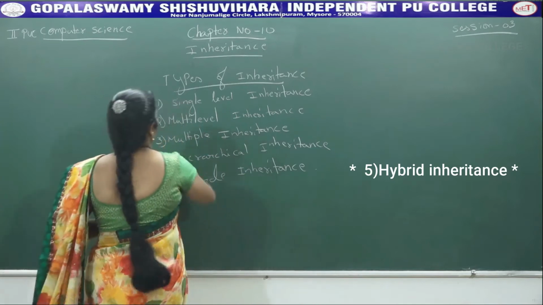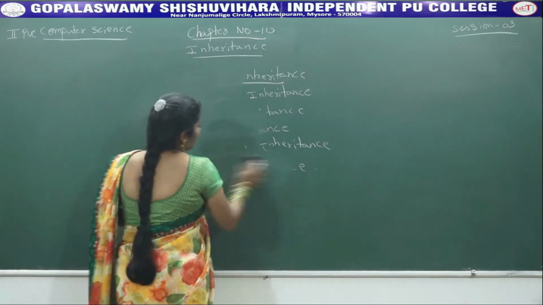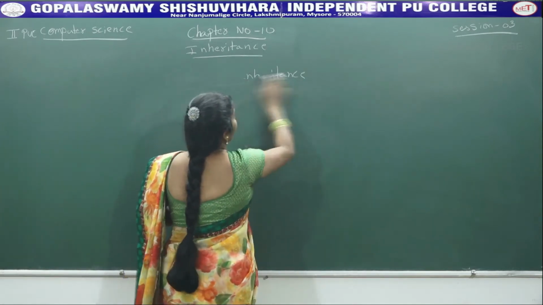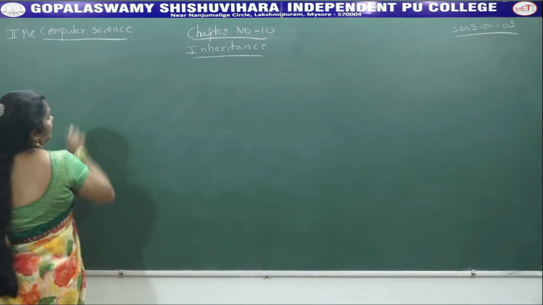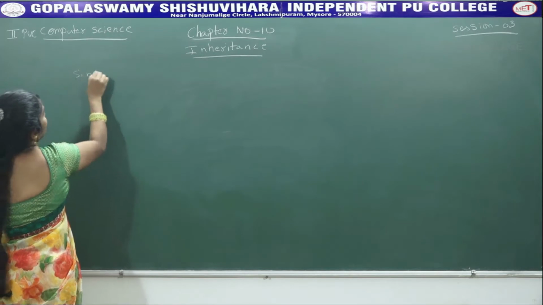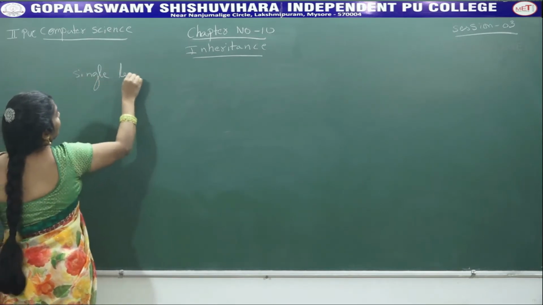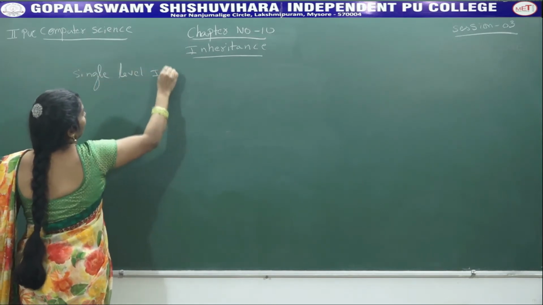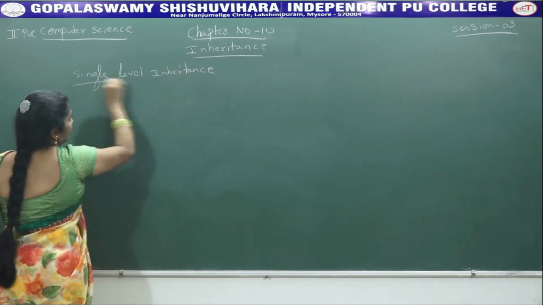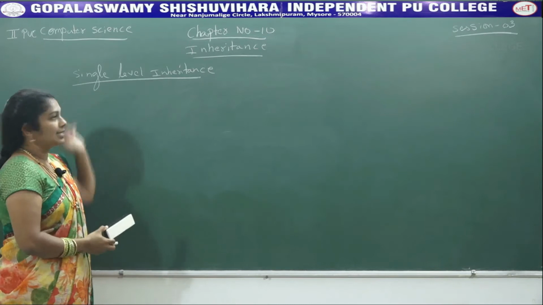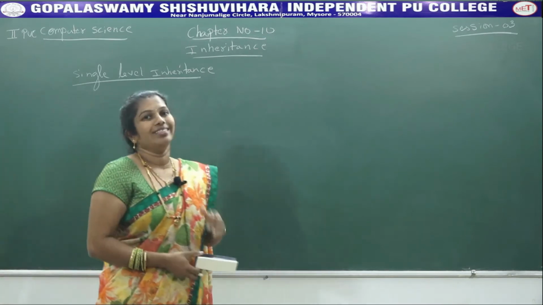One by one I am going to explain once again. The first one, single level inheritance. What do you mean by single level inheritance? The name itself suggests that we have only one level here.